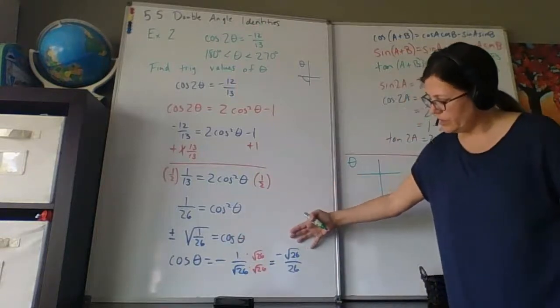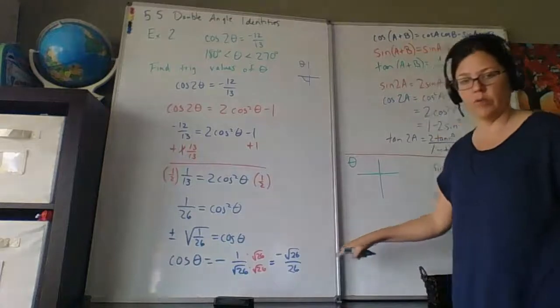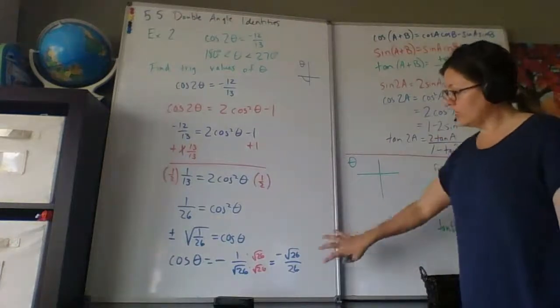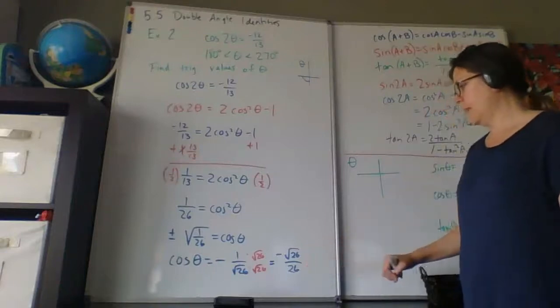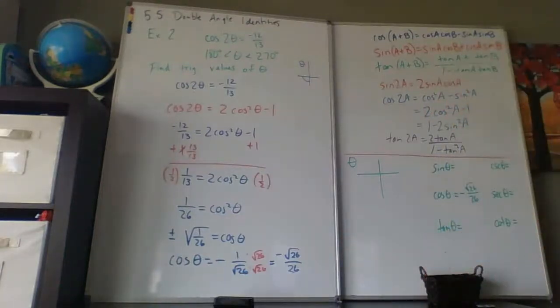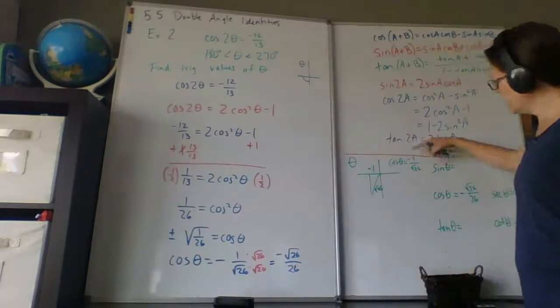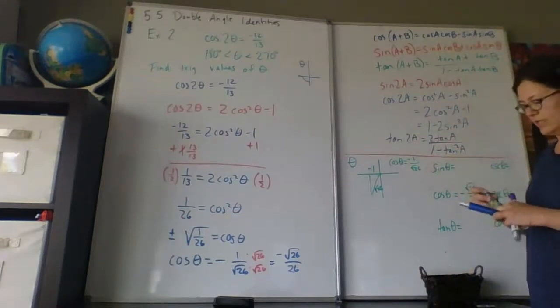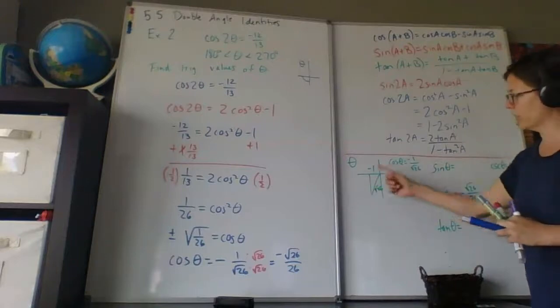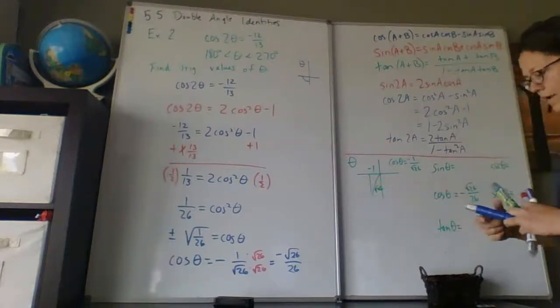Otherwise, when we go to do Pythagorean theorem, this gets very cumbersome. You would still get the right answer using these values for x and r. Similarly, we could go and do the Pythagorean identities using cosine squared plus sine squared equals 1. So again, I'm going to use cosine theta equals negative 1 over rad 26 so that my numbers are smaller when I go to find y.